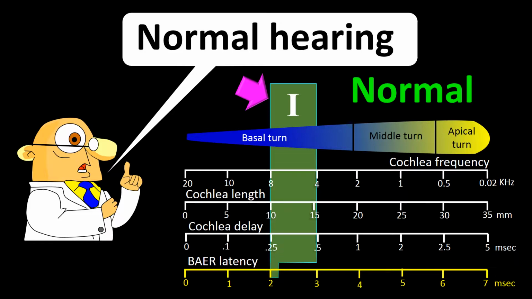In a normal patient, wave 1 is generated by frequencies in the 8 to 4 kilohertz range, corresponding to an area starting at about 10 millimeters from the start of the cochlea.